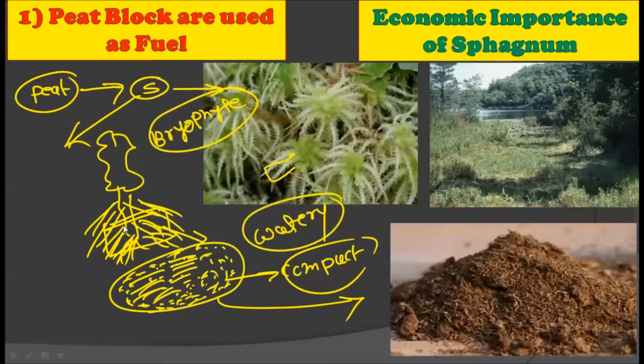So you can observe here that these sphagnum, which are growing around the water bodies, regularly shed off their structural parts, and due to the accumulation of these parts, they get compressed and converted into peat.